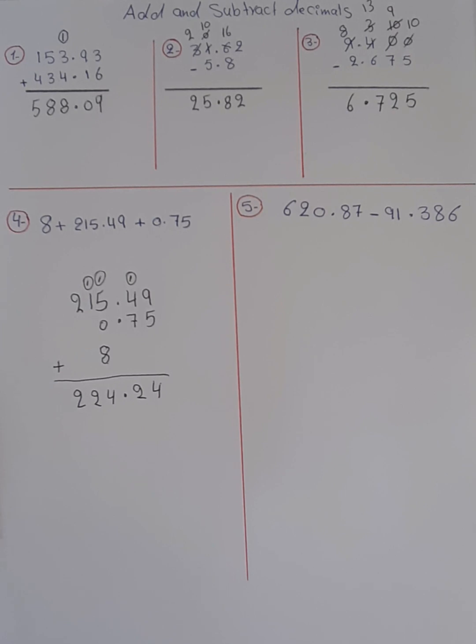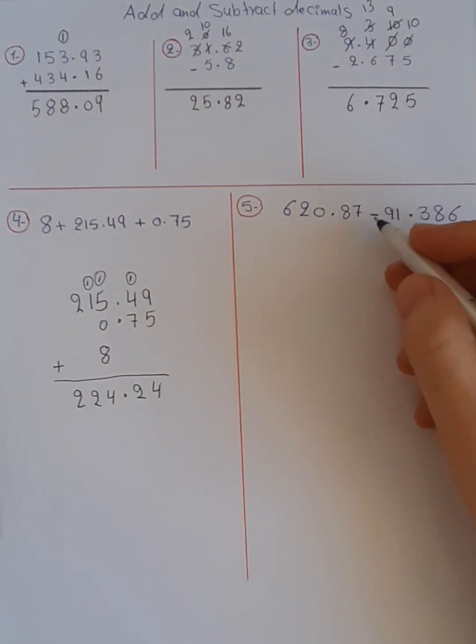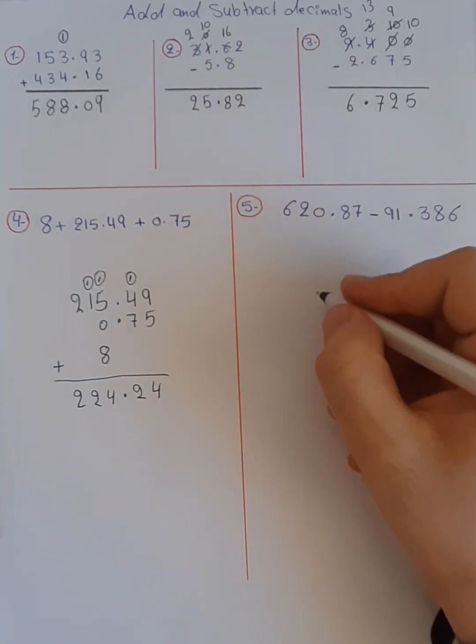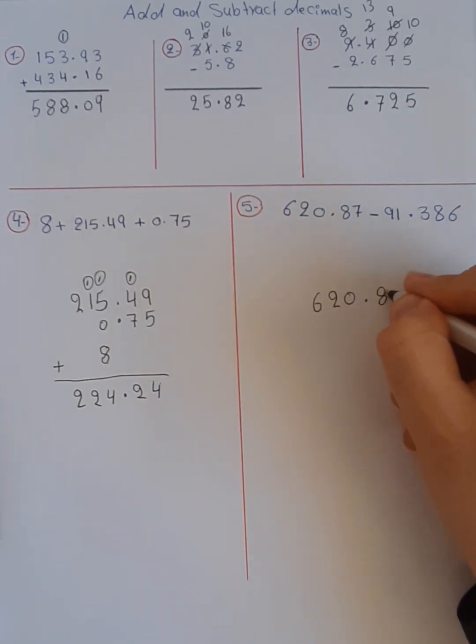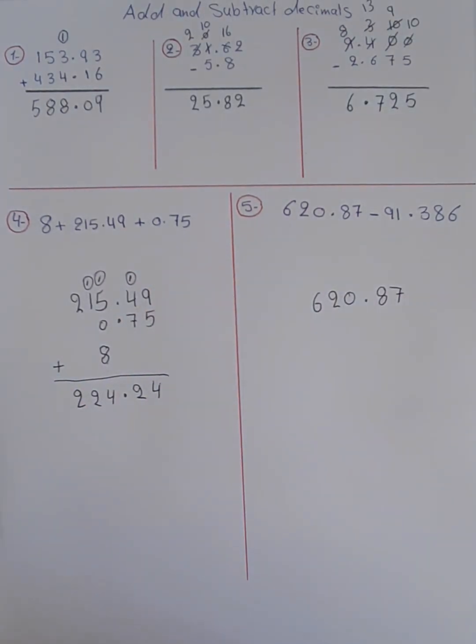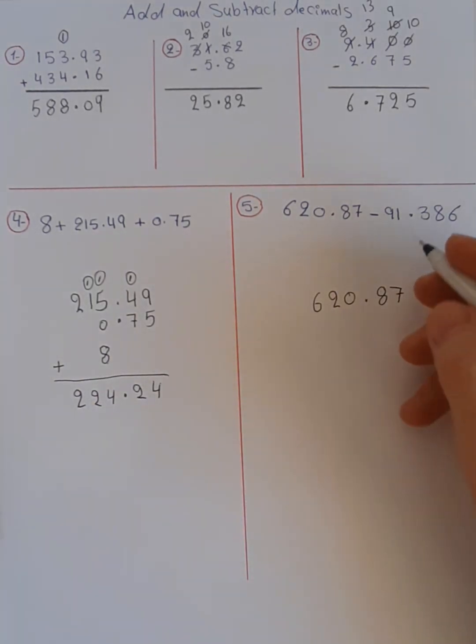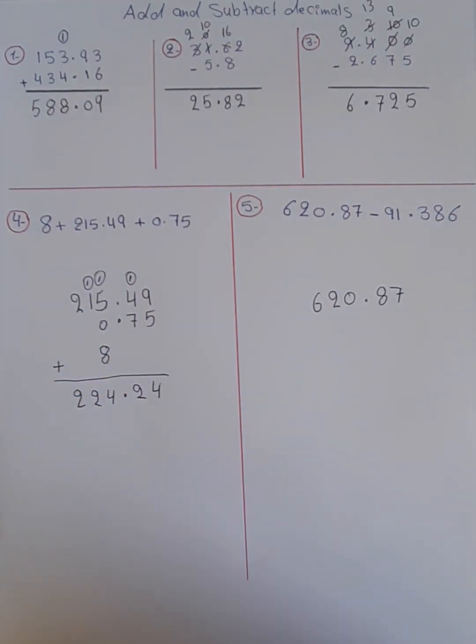How can we write these numbers under each other? So in subtraction we have to write the biggest number as the first number, 620 and 8700, and then the smallest number is 91 and 386,000.